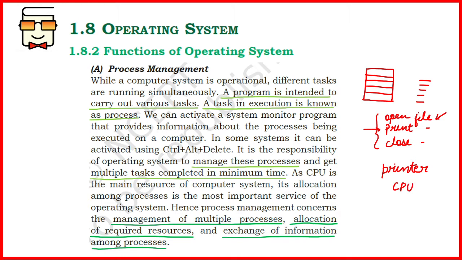So it is the responsibility of the operating system to manage different types of tasks. If some task is occupying one resource, then the operating system should allocate other tasks to the other resources of the computer system, so that multiple tasks can be performed simultaneously, performed correctly, and take the minimum time.